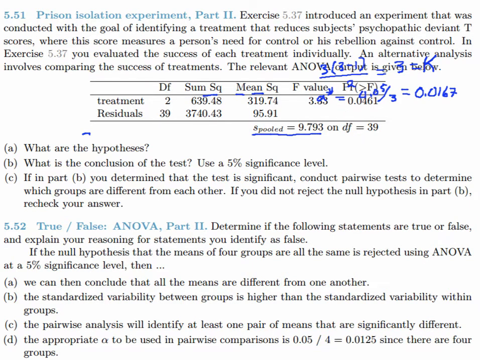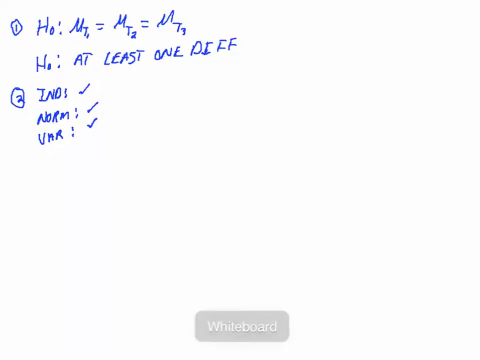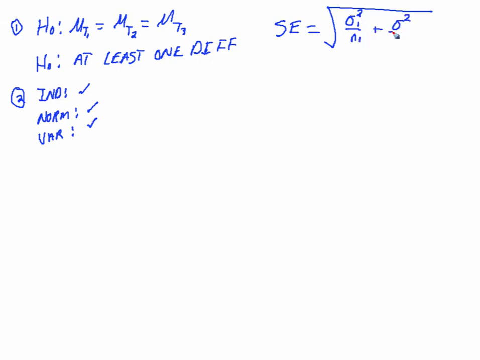That's based upon the sample size. So to get our pooled estimate of the standard error, we've got to take the square root of sigma squared 1 divided by n1 plus sigma squared 2 divided by n2.